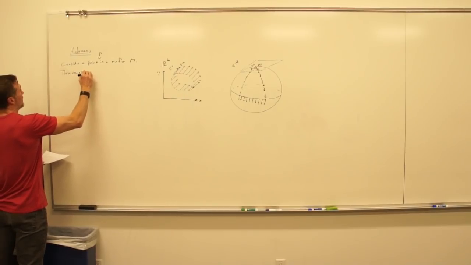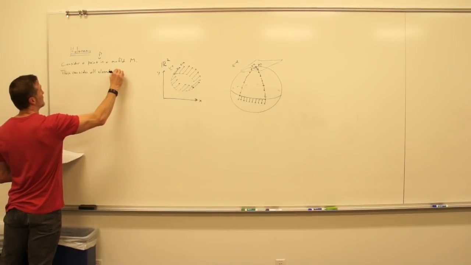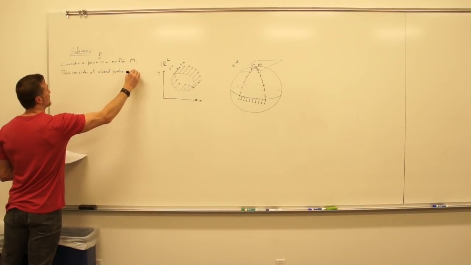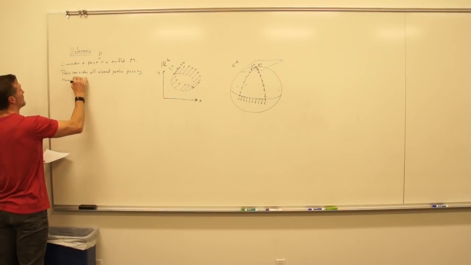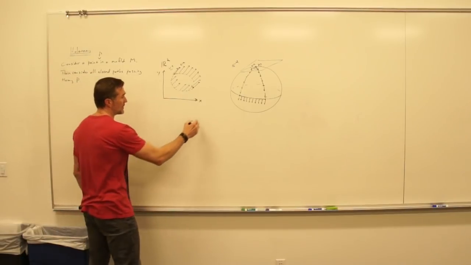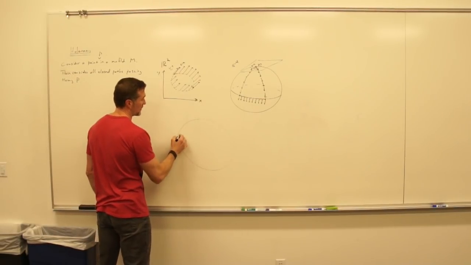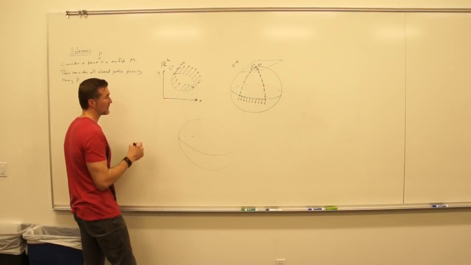And then consider all closed paths passing through P. Okay. So what I have in mind here, for the sphere, which is the case where we really care because it's the interesting one, we can do it in R2 as well.